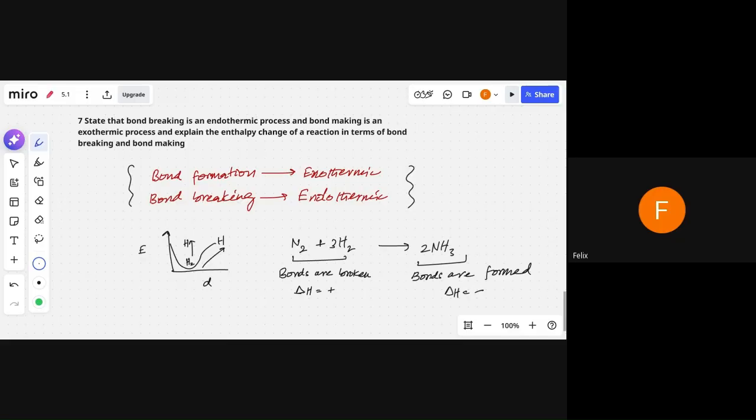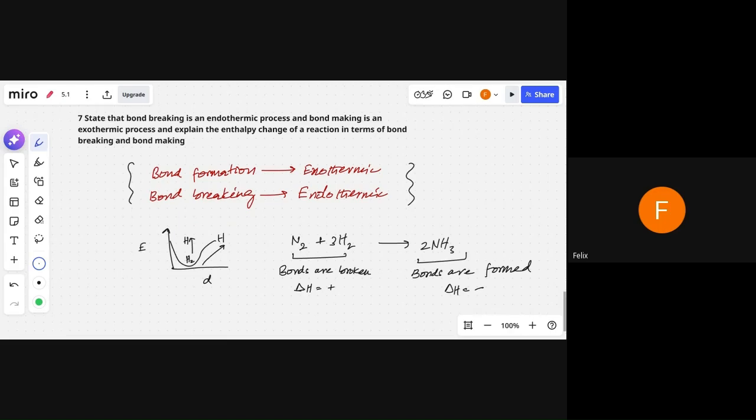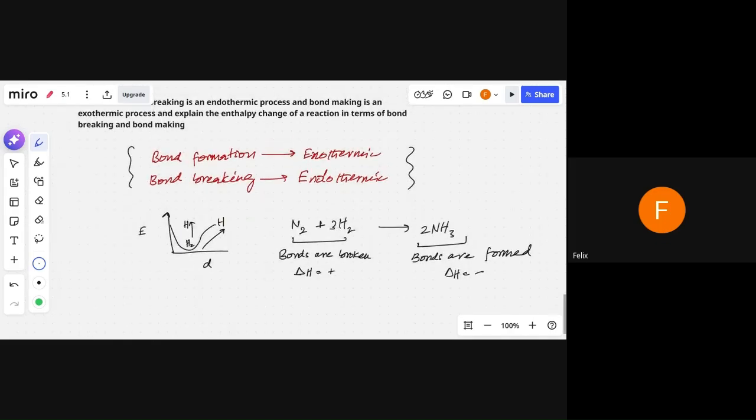So why is it that some reactions end up being exothermic and some other reactions end up being endothermic? Now let me explain. This is very important, so I want you to pay attention.